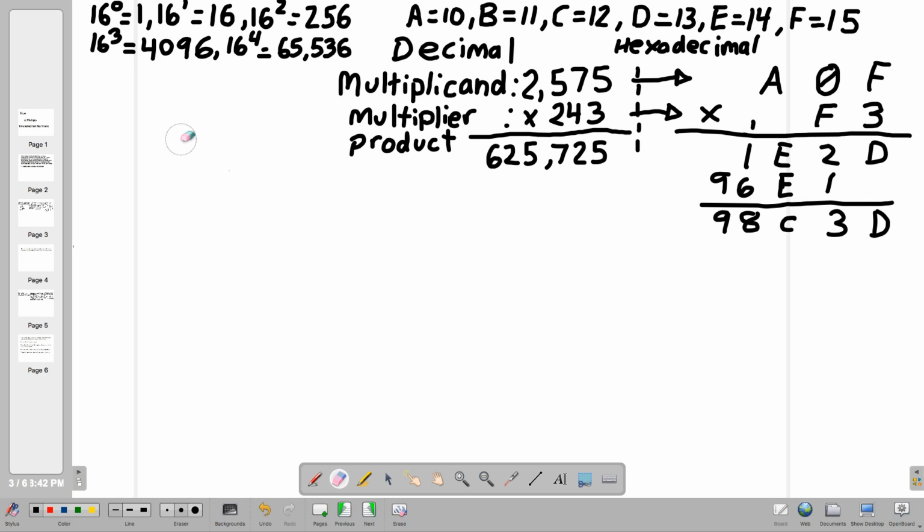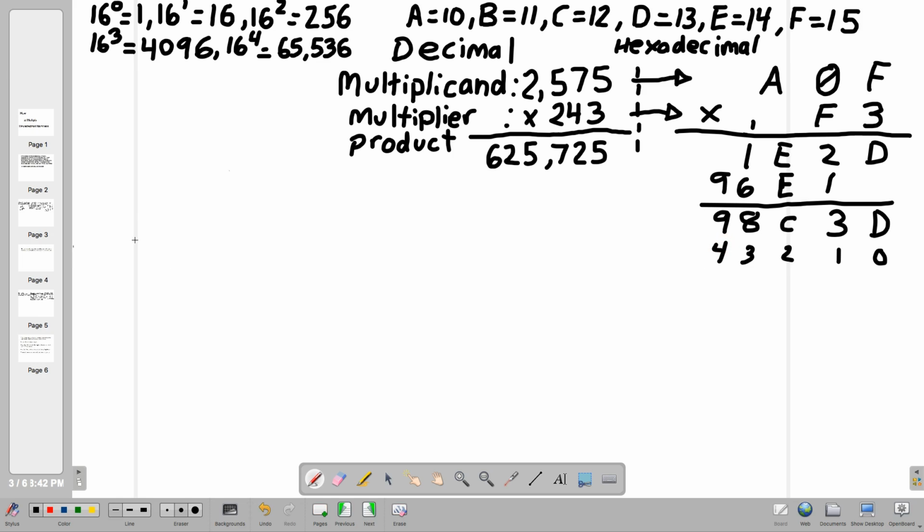All right, so as we did in the past, we always want to look at the position. So we have D in the 0th position, 3 in the 1st position, C in the 2nd position, 8 in the 3rd position, 9 in the 4th position.